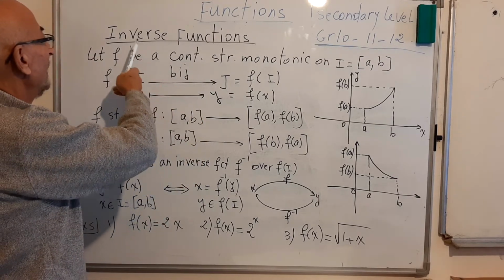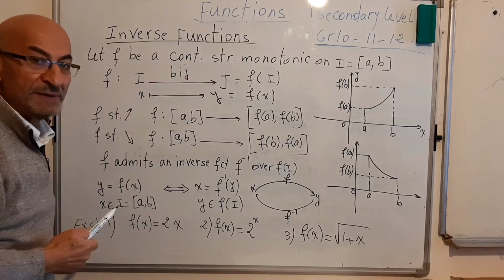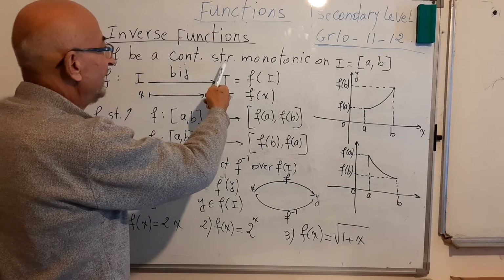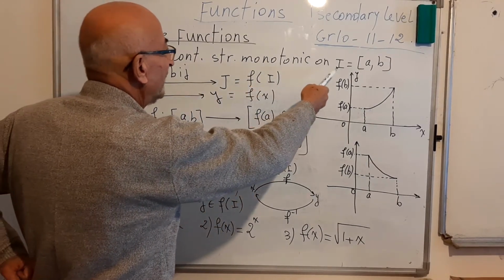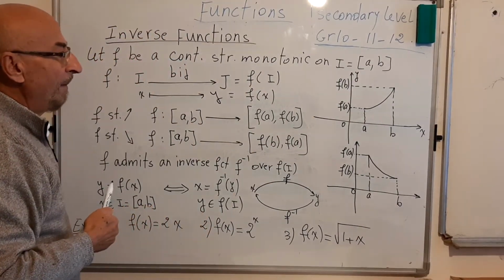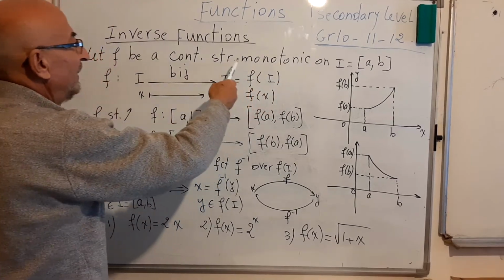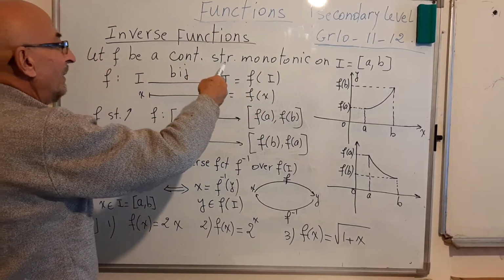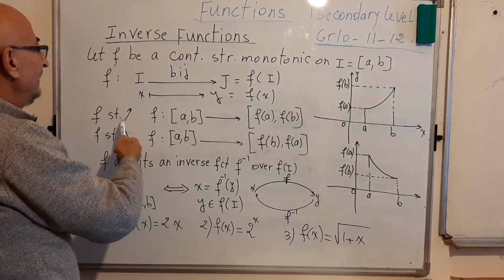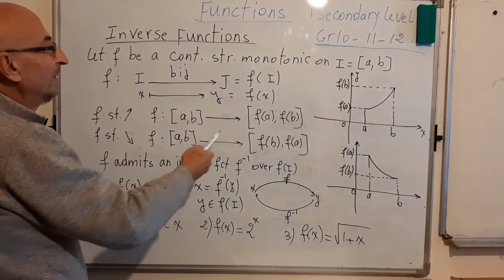Now we define the inverse functions. Let f be continuous and strictly monotonic on the interval I equals interval AB. Strictly monotone, we have two cases: f strictly increasing or f strictly decreasing.